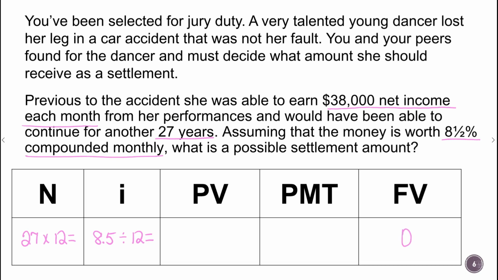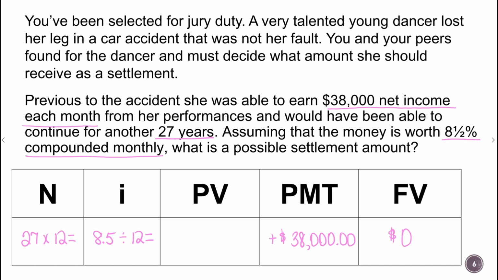There is no future value for this money, right? We're currently just trying to figure out what payment she would get, or how much money it's worth for the payment that she's going to get. And remember, it was possible that she could earn $38,000 every month from her dancing.